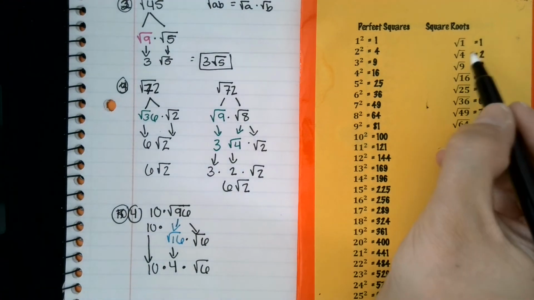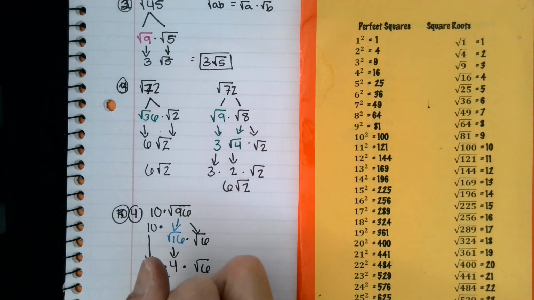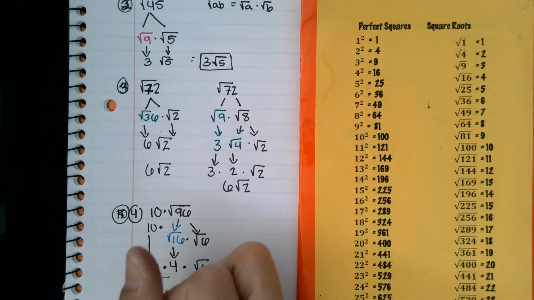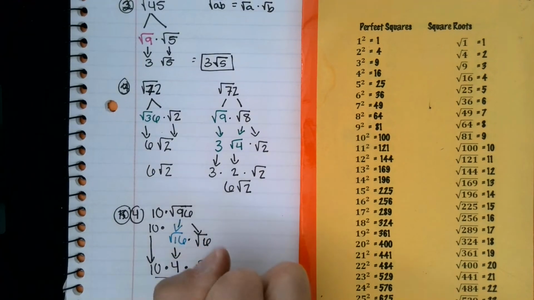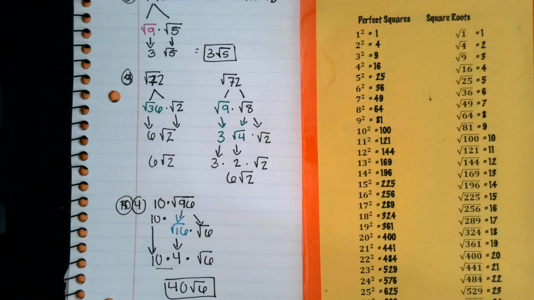None of those other than 1 are a perfect square, so we're not going to simplify this any further. We do know 4 times 10 is 40, so I'm going to end up with 40 on the square root of 6 as my solution here. So that is how we do these ones with the multiplying out front.